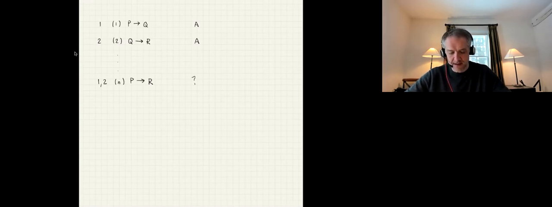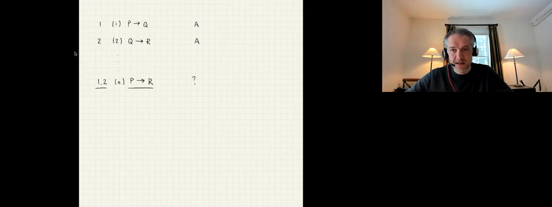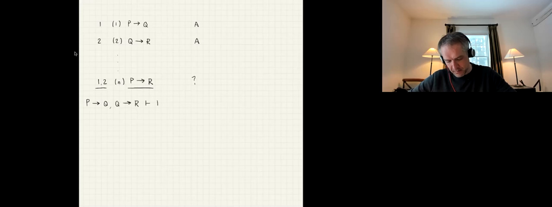What's relevant is the fact that this thing on the right, if P then R, follows from the two sentences on the left. And what that means, of course, is you've established the following sequent: if P then Q, and if Q then R, from that, if P then R. Okay, so that's what you've established here.